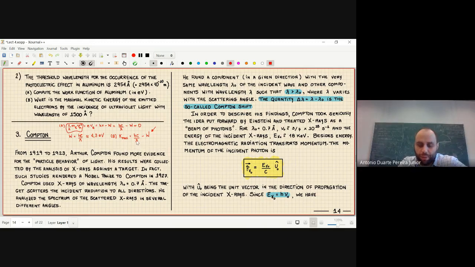So I just have to replace lambda here, substitute h for its value in electron volt, the speed of light that we know, 3 times 10 to the 8 meters per second, and subtract from this the value that we just computed. Okay? Do you agree?